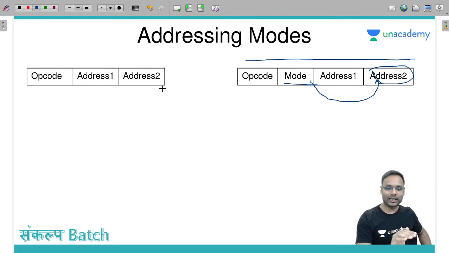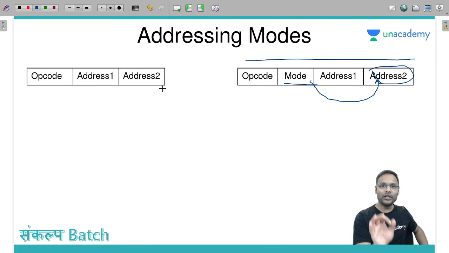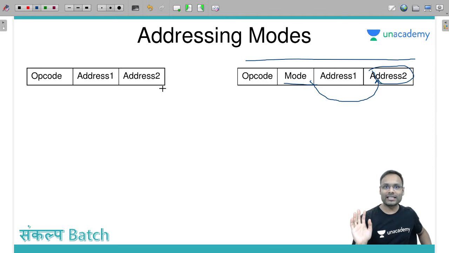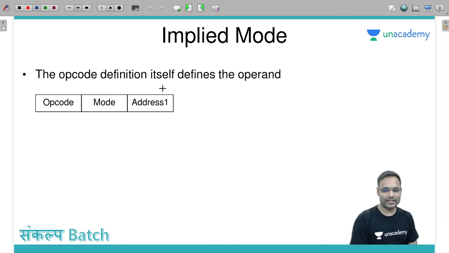There are different types of modes. We are going to discuss them one by one. We are not going to discuss each and every mode in so much detail. Basic knowledge is enough: only knowing what the mode is, how it works, and what its utility is. That's it. And only some basic modes we are going to discuss which are relevant for your case study.